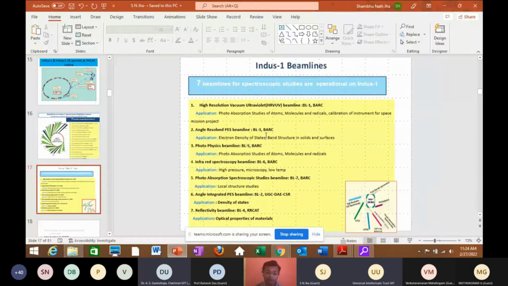What you saw as the recent addition in Indus-2 goes up to 1000 eV, whereas this goes up to 200 eV. Then we have an infrared spectroscopy beamline, which can be used for high pressure microscopic studies at low temperature. We also have a photo absorption spectroscopy beamline for local studies, but in the UV region. And we have another PES beamline for density of states, and then a reflectivity beamline.